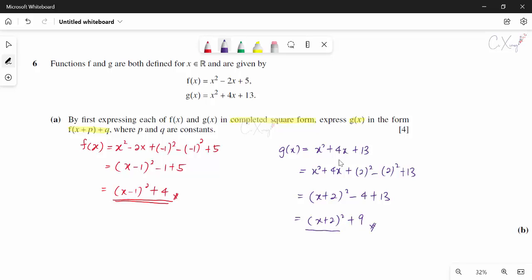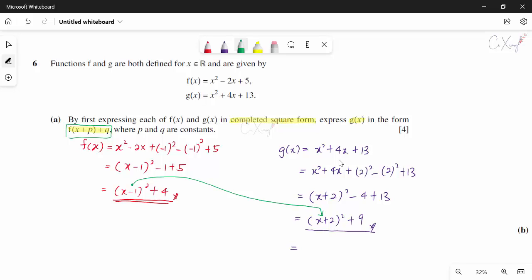This is the completed square form for g(x), and they want us to rephrase it in the f(x) pattern, so we have to compare. For f(x), it is x minus 1, and if you compare it with g(x), it becomes x plus 2.